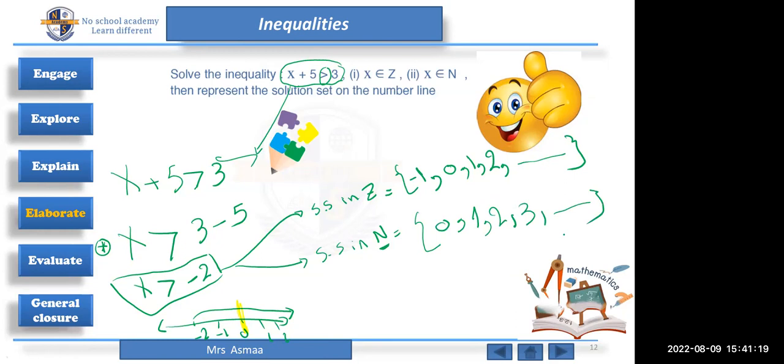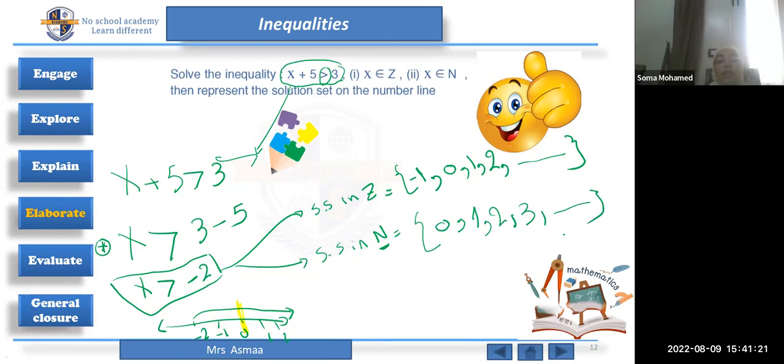Okay. This is the difference between equation and inequality. In the equation, I want to give the value of x, which is equal to 1 value or 2 values. But in the inequality, I want all numbers which are more than, less than, more than or equal, less than or equal, according to the sign.